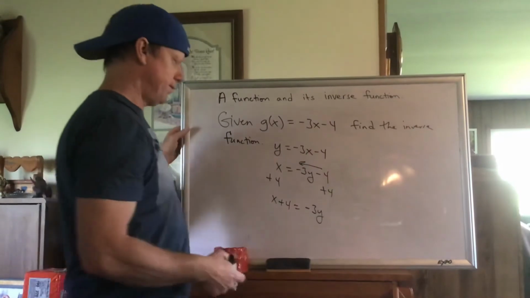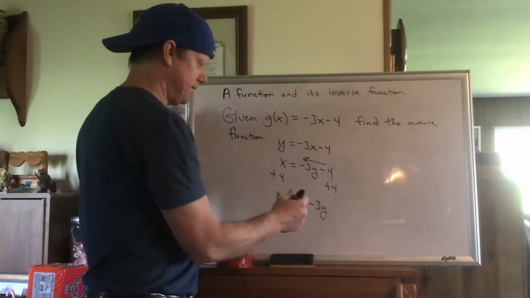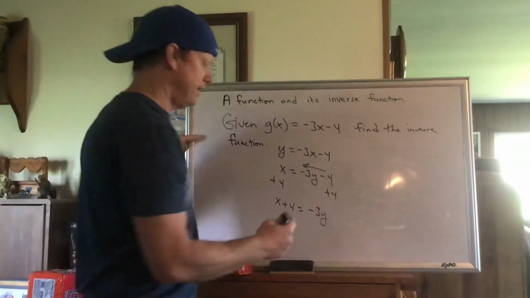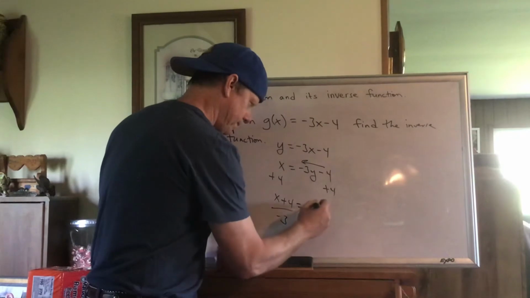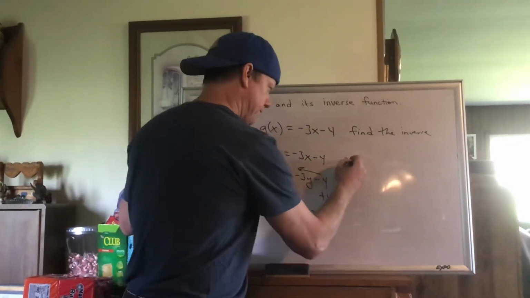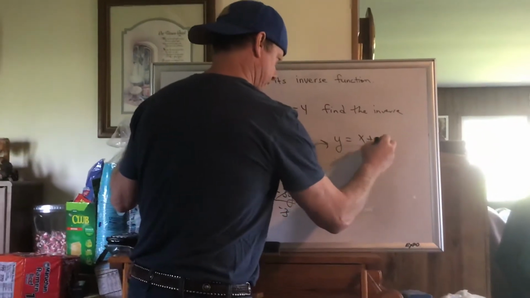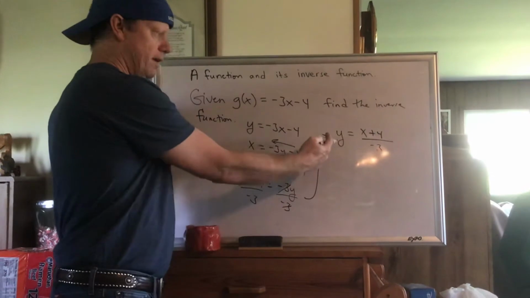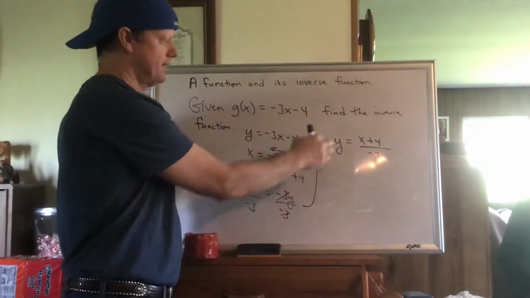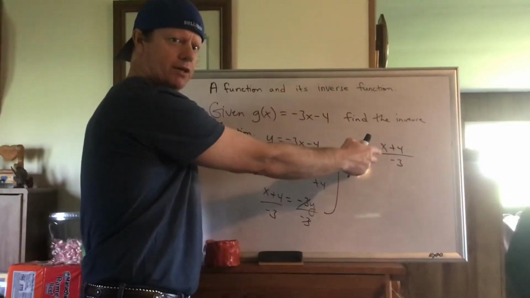So I move the -4 over, change sides, and then of course to get the y by itself and positive, I'm going to have to divide by the -3. Once you have done that whole process, this guy right here will be your inverse function.